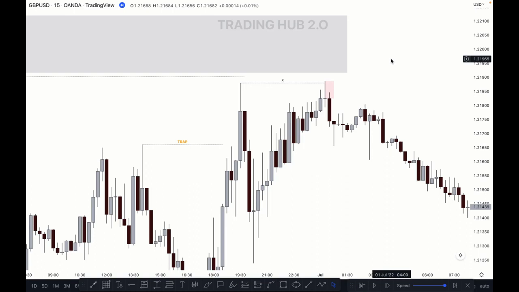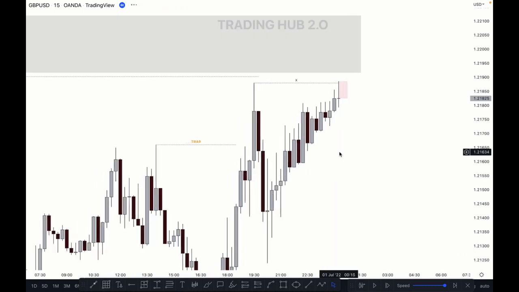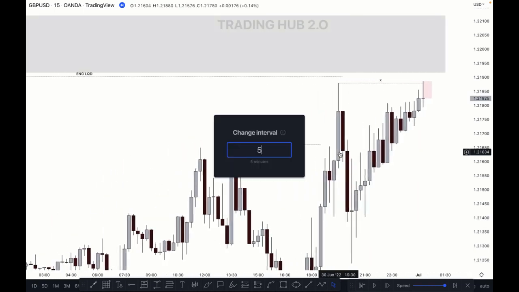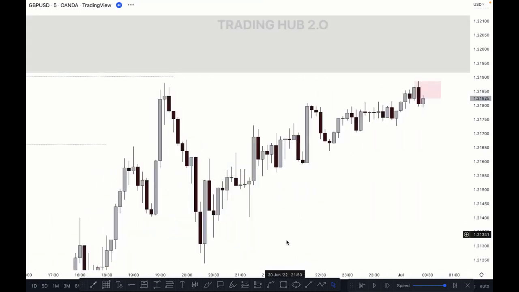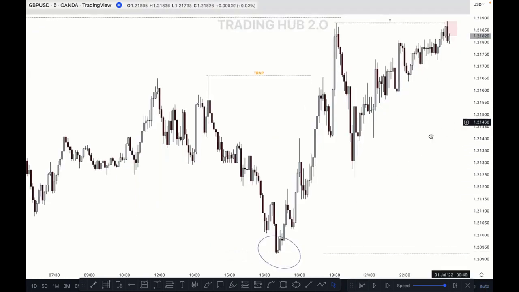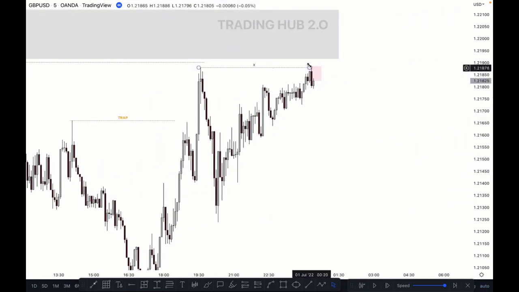Now let's switch into the lower time frame at the same point, in the 5 minute and 1 minute, to see how price is actually reacting here. First, in the 5 minute, you can see the market also trapped and closed below it. So this one is our liquidity sweep.